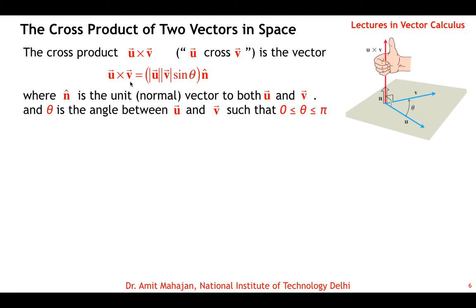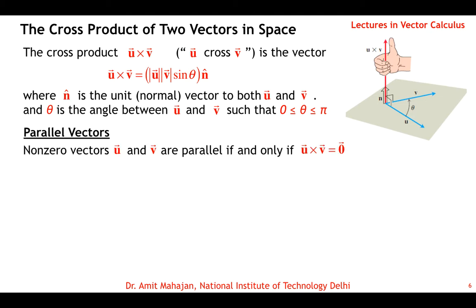In either of these cases the cross product can be 0. So clearly if non-zero vectors u and v are parallel, the cross product has to be 0, because if they are parallel then theta will be either 0 or pi. So it will give the 0 value.